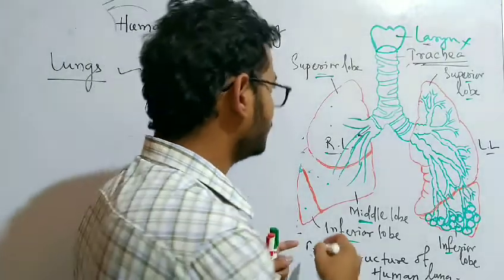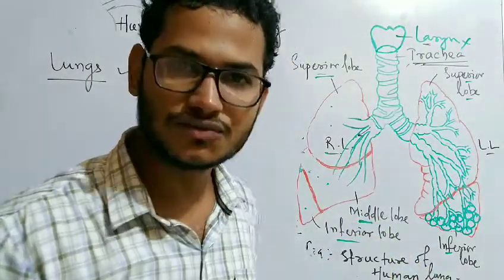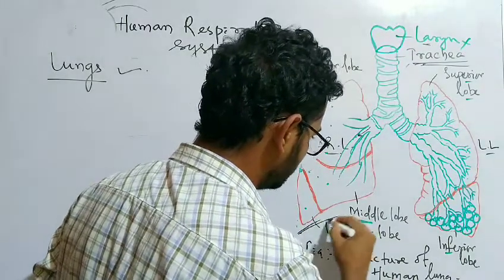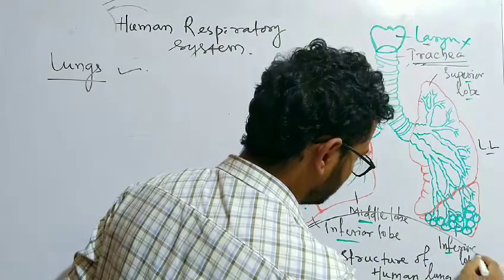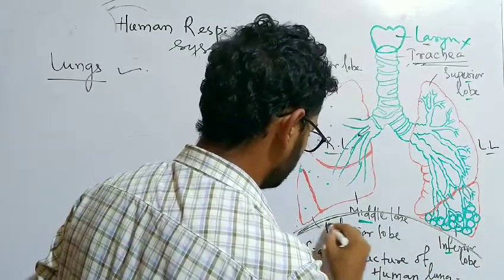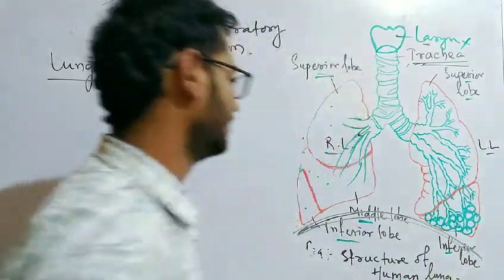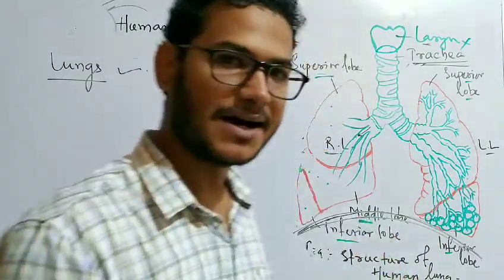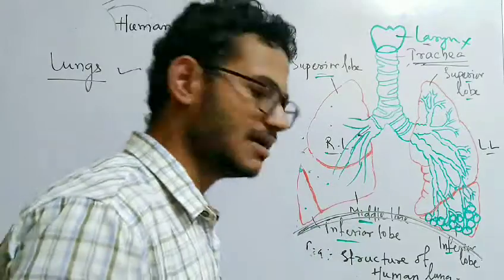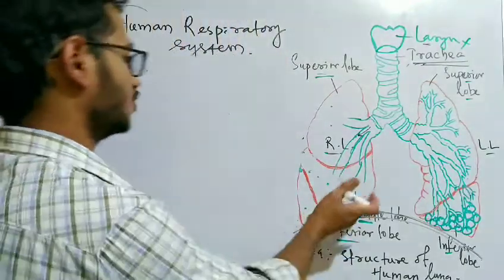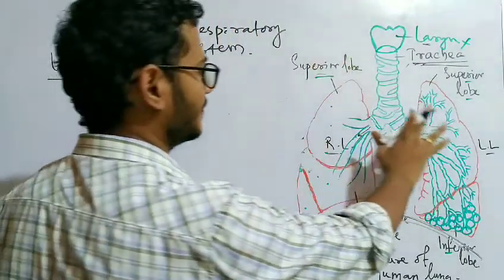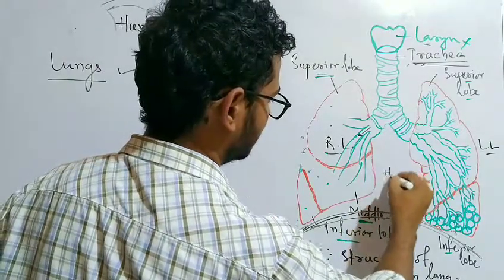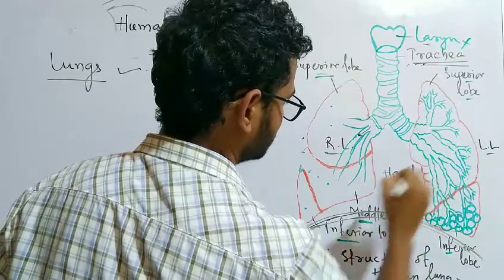So if this is the structure of the lungs, then below the lungs is the structure of the diaphragm, which separates the thorax and abdomen of the body. Thorax is the upper part having both the lungs, and as we know the heart is present at the center.